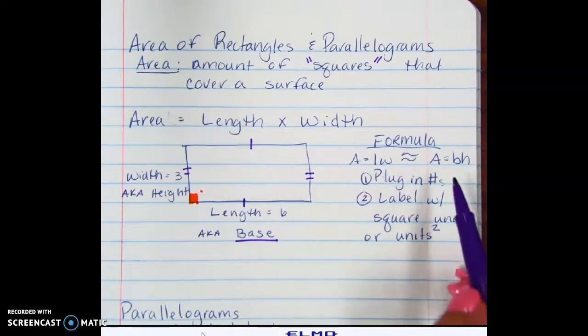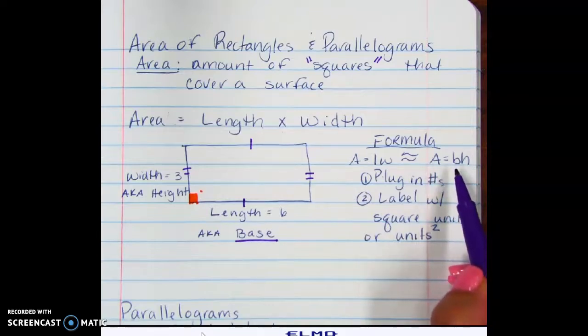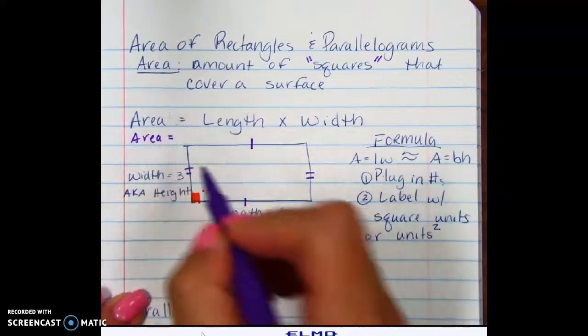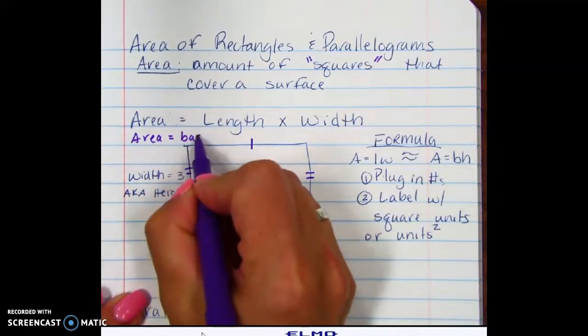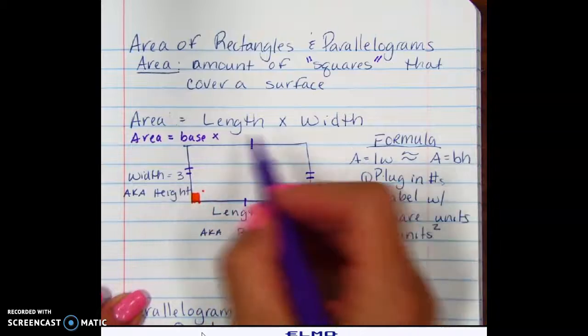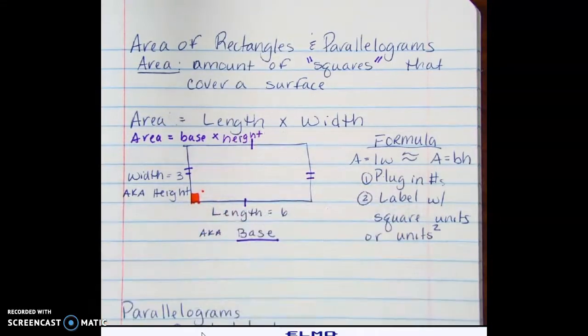So we're going to be using this formula, area equals base times height. But it is not wrong to use the formula area equals length times width. That is just something for you to know, but since we're going to be using a lot of base times height, we're going to just go ahead and use it with our rectangle.